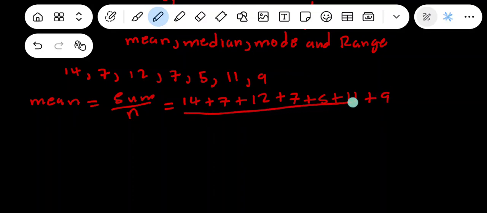Then you divide by the number of terms. How many are there? 1, 2, 3, 4, 5, 6, 7. You have 7 terms.